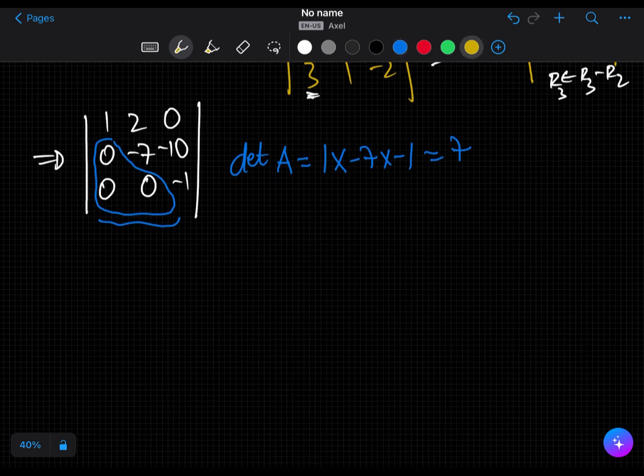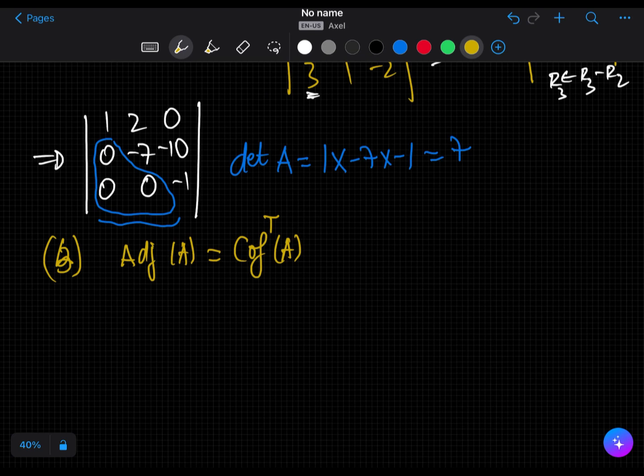Now, let's have a look at the second question B, where you are asked to find the adjoint of A. So we know by definition that the adjoint of A is the cofactor matrix of A transposed. Now, having A given as 1, 4, 3, 2, 1, minus 1, 3, 2, minus 3, we need to find the cofactor matrix.